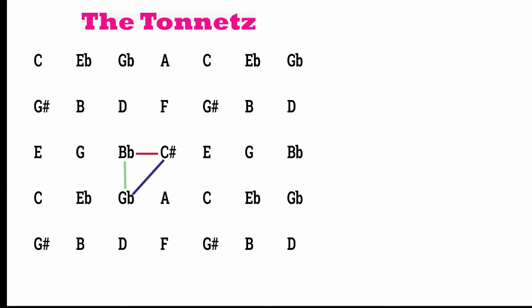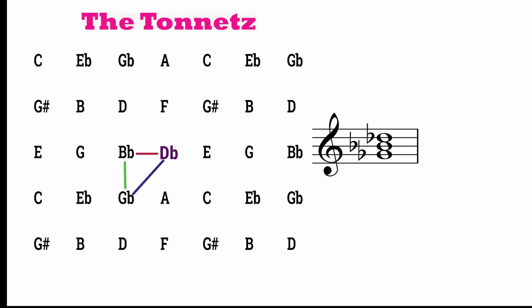Here we have a new triad, but notice that the letters aren't quite right. We have to change this C sharp to D flat in order to make it a logical triad. Let's say that we wanted to do an L transformation on this G flat major chord. Remember that an L transformation requires you to keep the red or horizontal line constant.